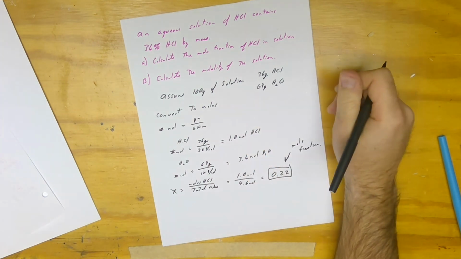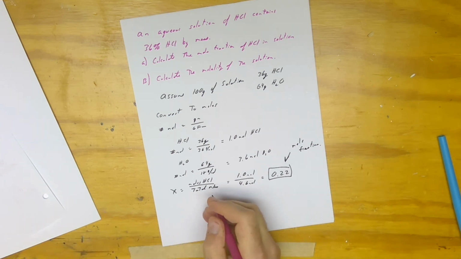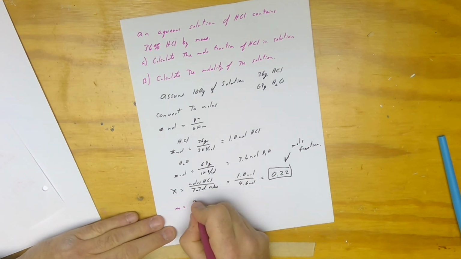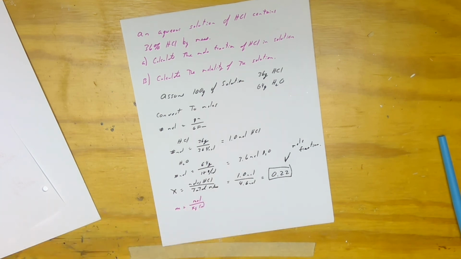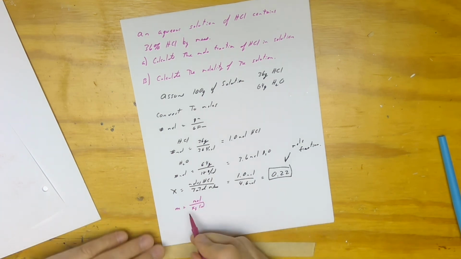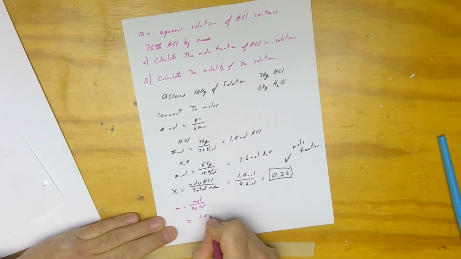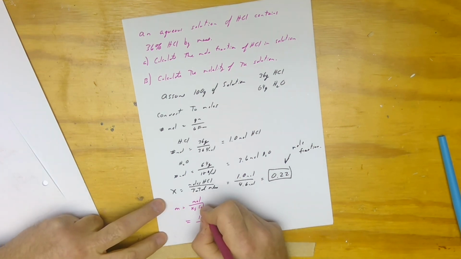All right, and then the last thing is to calculate our molality. Well, our molality, or little m, was equal to moles over kilograms of solvent. Well, we know how many moles of HCl we have now, so we have 1.0 moles. Our solvent, not our solution, our solvent.